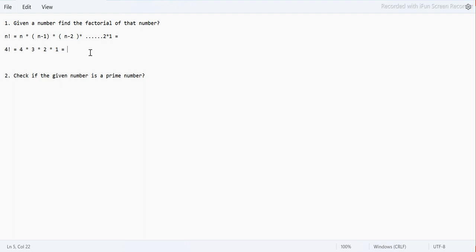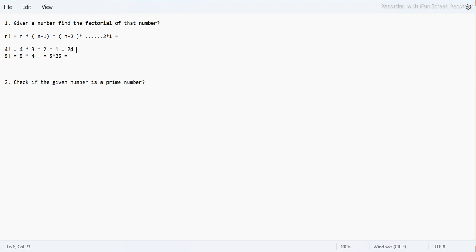That's why we have to go up to 1. So how much is it? 4 3s are 12 and 12 2s are 24. This is 24. So for example, if I say 5 factorial, then it should be 5 into 4 factorial, so it will be 5 into 24. This is the answer. Hope you are able to get it, right?